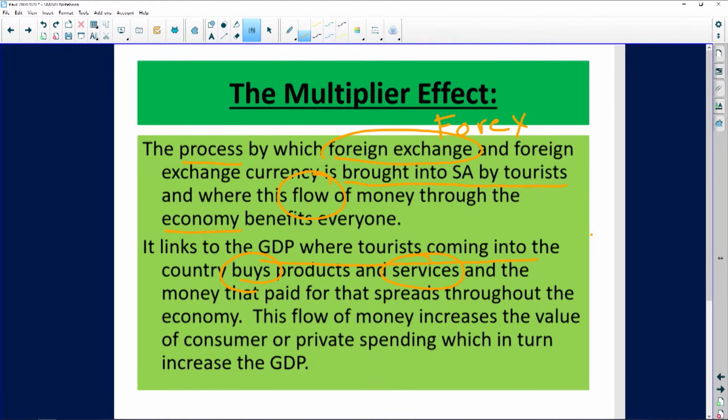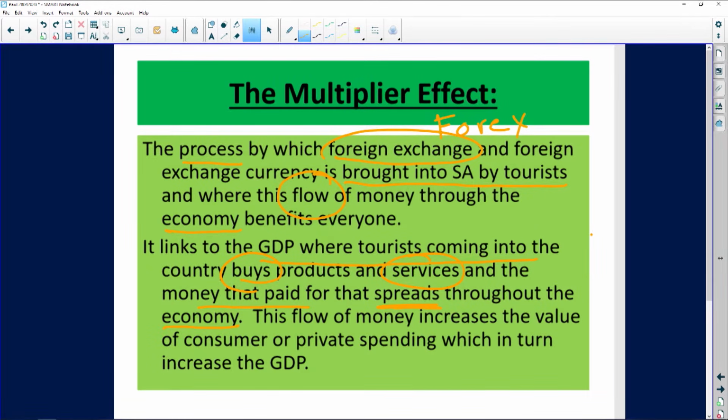Therefore, when people come into South Africa and spend their foreign currencies here after converting it to rand, we get the benefit thereof. In other words, we've exported the service. All right, so the GDP and the multiplier effect are linked when we buy products and services as a foreigner coming into South Africa, and the money that paid for that service gets spread, and that is the most important part, through the economy.